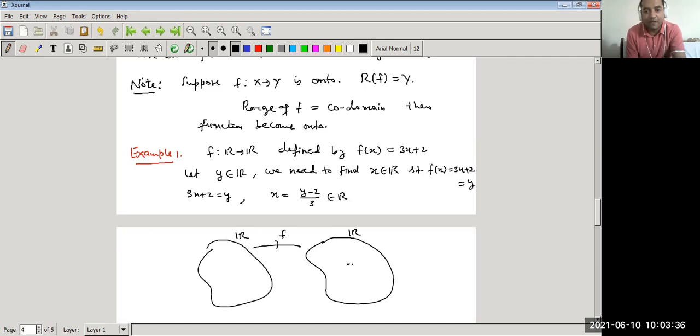If we take any y from the codomain, then corresponding to this y we have to find an x from the domain such that this y is equal to f of x. So if we take any y from R, then corresponding to this y we can find an element x which is equal to (y minus 2) upon 3.